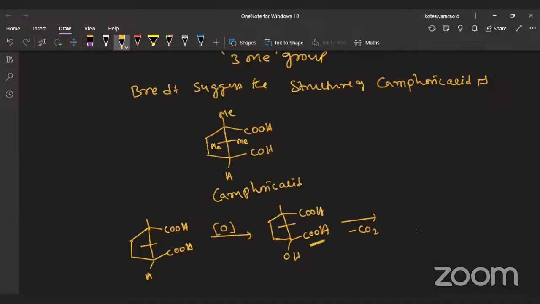The decarboxylation takes place from this position. That leads to the formation of hydrogen, COOH, and CH. Again, it is subject to oxidation.